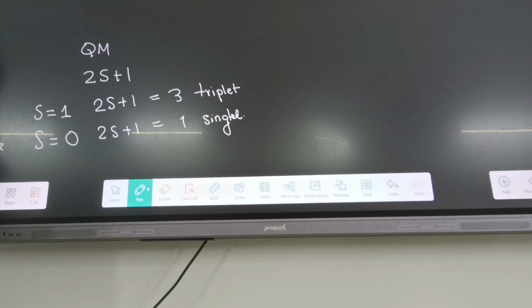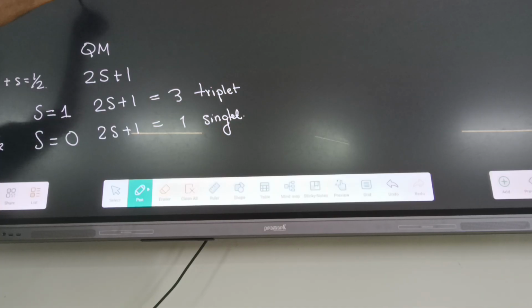But if they have the same spin, then S is equal to 1 by 2 plus 1 by 2. स्पेक्ट्रोस्कोपिक टर्म्स को इस तरह से रिप्रेजेंट किया जाता है 2S plus 1 L J.